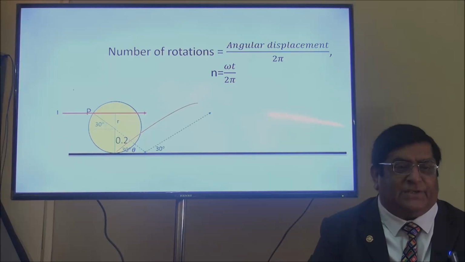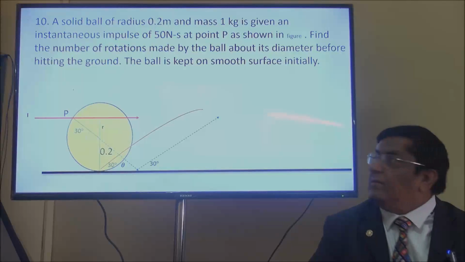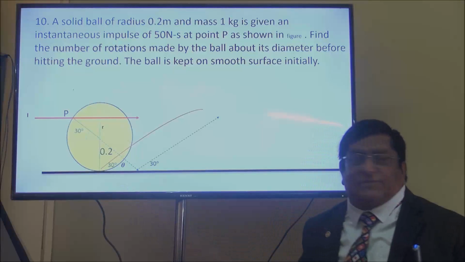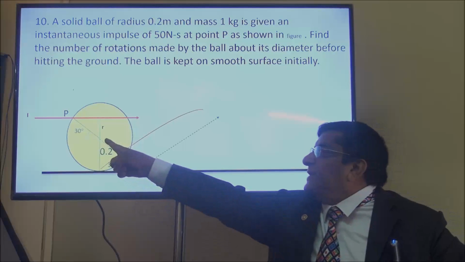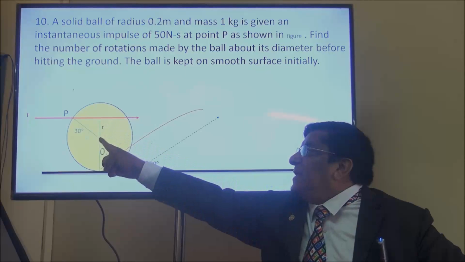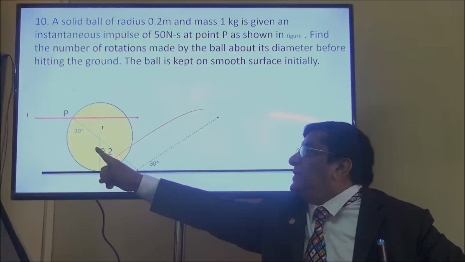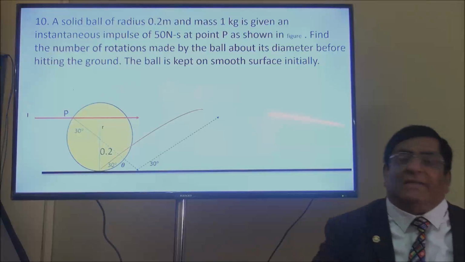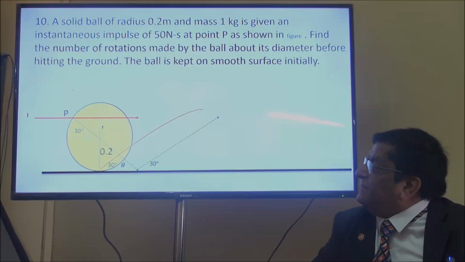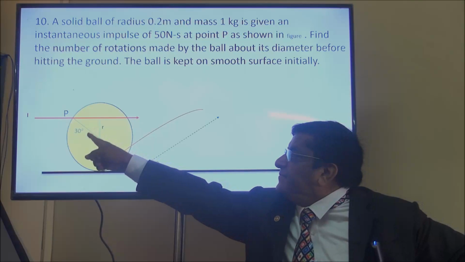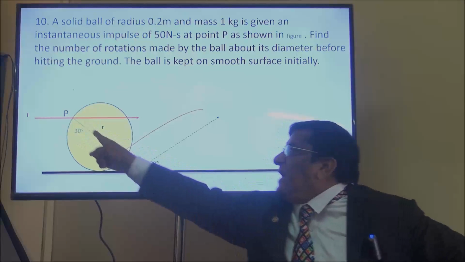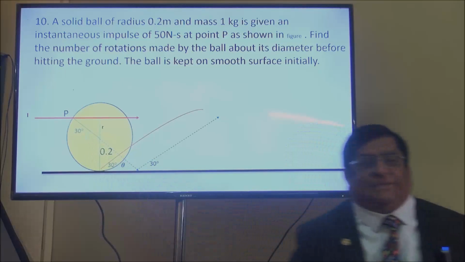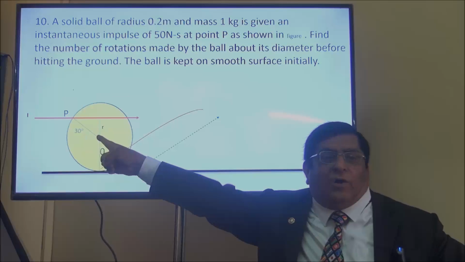Are you able to see? This is the impulse and this is the perpendicular distance, r, from the center of mass. How much is this r with reference to the radius? We know it. That is equal to R sine theta. This is 30, right? And this is R. So how much is this perpendicular? R sine 30. That is equal to small r.